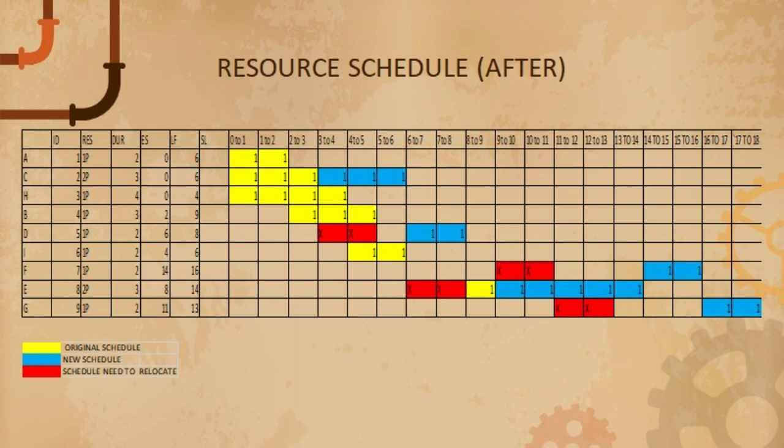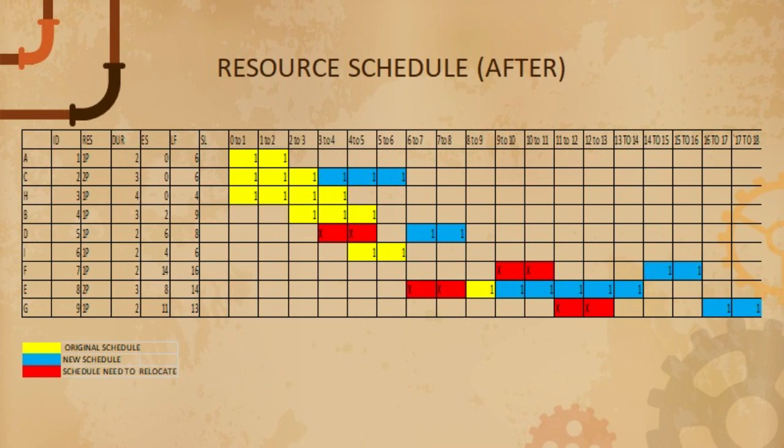After the changes, the activity starts on day 8, which is the last day of the original schedule, plus the new schedule from day 9 to day 14. Thus the total duration to complete activity E is about 6 days.